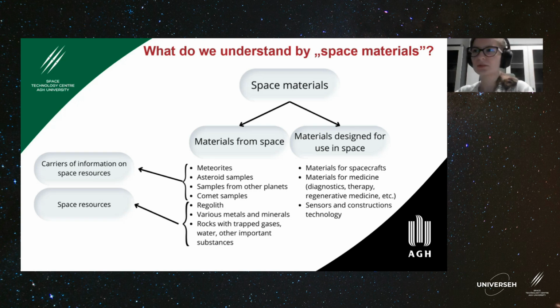And regarding materials designed for use in space, of course, in order to have use for any other types of space materials, we need to first have a spacecraft. So those materials would be, for example, some super alloys with superior properties that can withstand extreme conditions. But also, in order to study other materials using manned missions, it's important to have materials for medicine, such as for diagnostics, for therapy, maybe regenerative medicine, because long-term missions must be ready for anything that could happen.